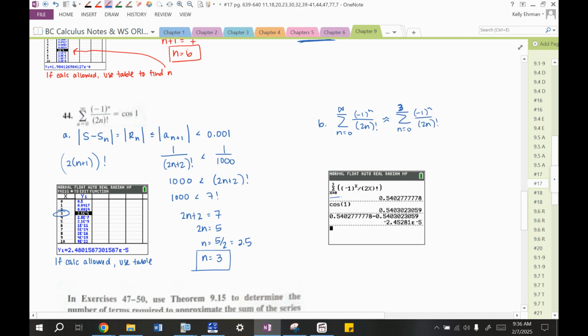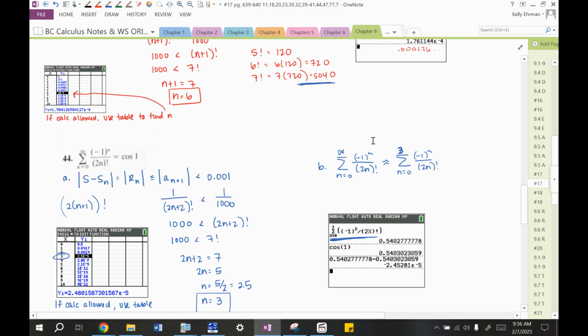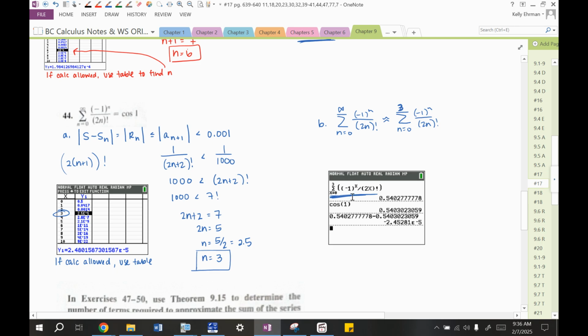I did that in my calculator here. Make sure you start at 0, and note that the one in the previous problem started at 0 as well. So you want to be careful that you're not typing in 1 there. It's whatever the problem dictates.